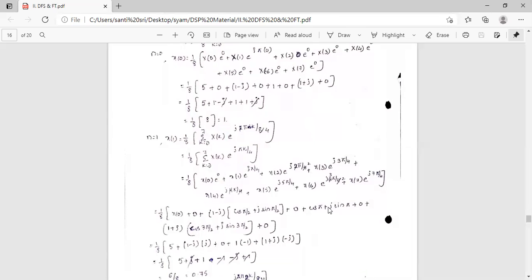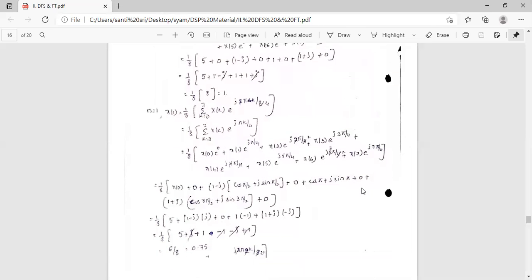Next, cos pi plus j sin pi. Okay, this is 1 by j into cos 3 pi by 2 plus j sin 3 pi by 2 plus 1 plus j. Okay, right.